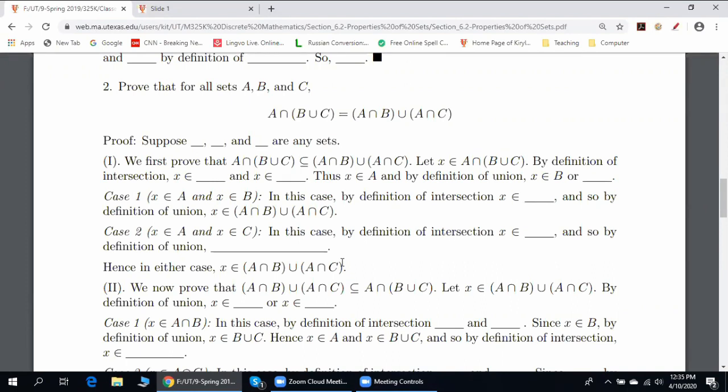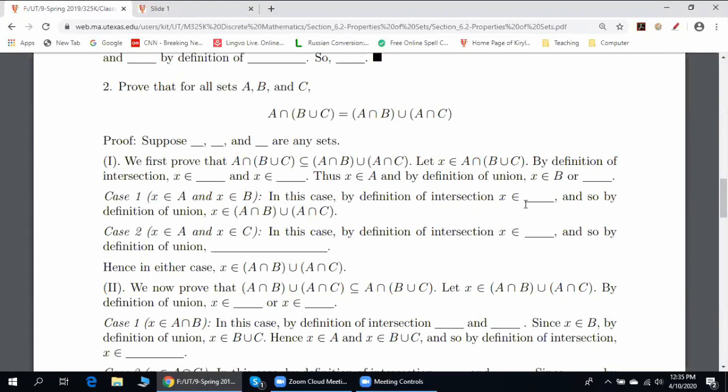All right, cool. Can I ask a question again? So in case one, you put at the end of it by definition of union. How can you do that before case two, showing that A intersection C? Very good question. Once again, over here, we put X is from A intersection B, correct?